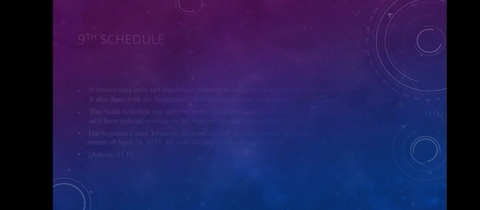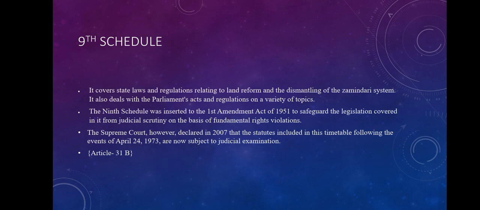The Ninth Schedule covers state laws and regulations relating to land reforms and the abolition of the zamindari system. It also deals with Parliament's acts and regulations on a variety of topics. The Ninth Schedule was inserted by the First Amendment Act of 1951 to safeguard the legislation covered in it from judicial scrutiny on the basis of fundamental right violations.